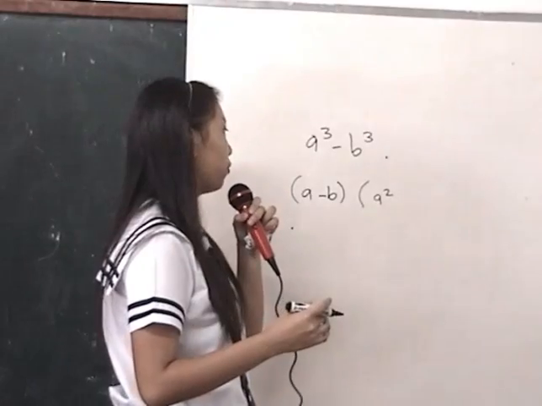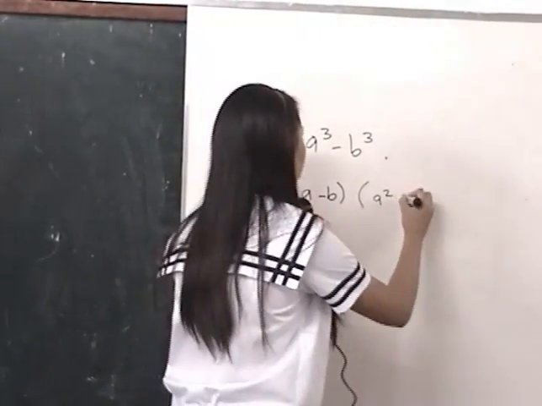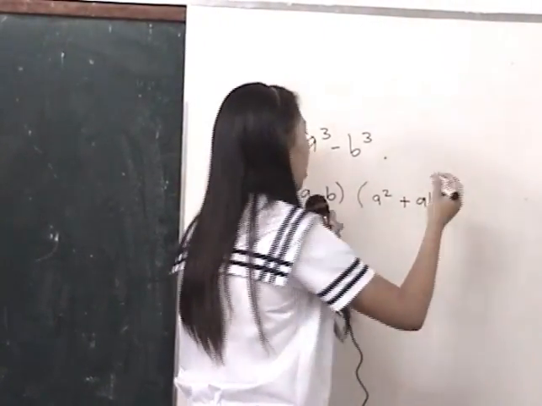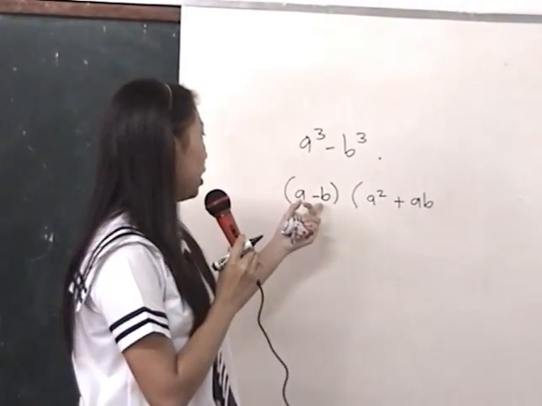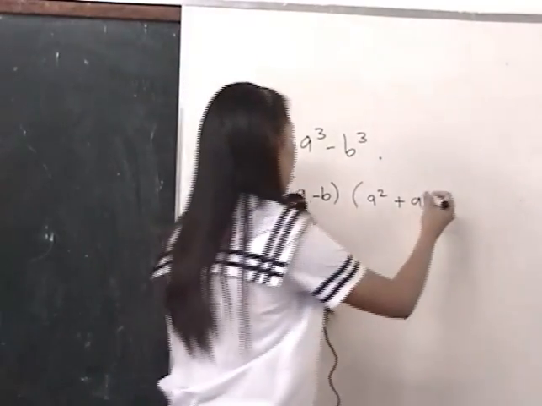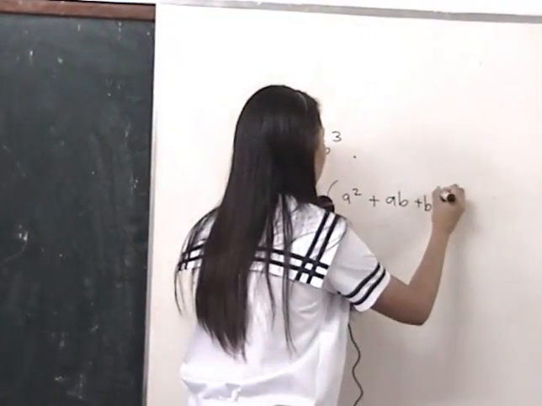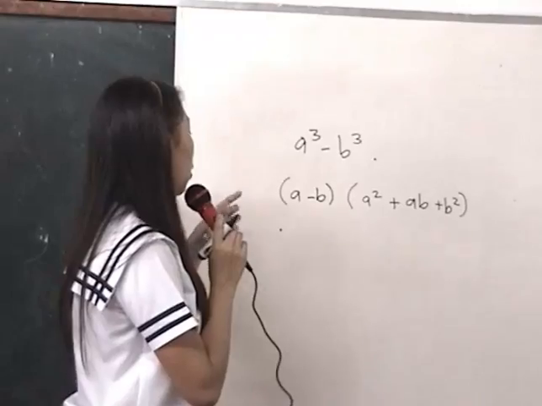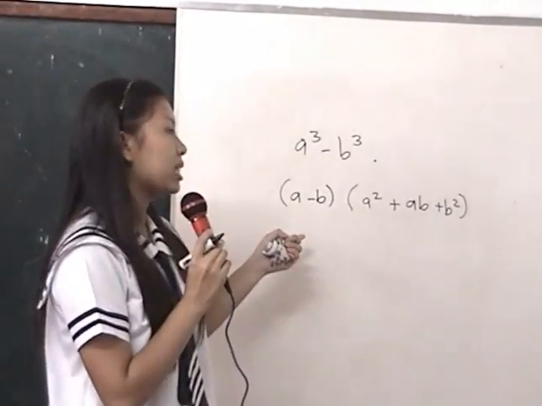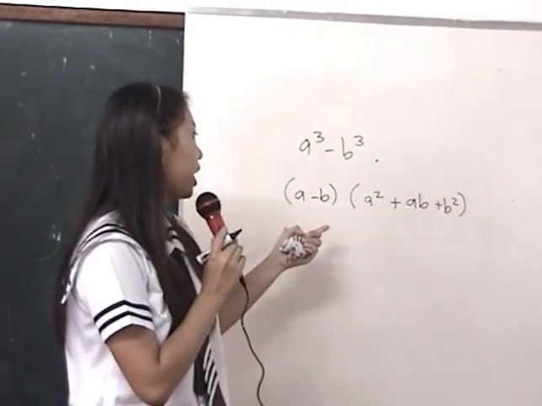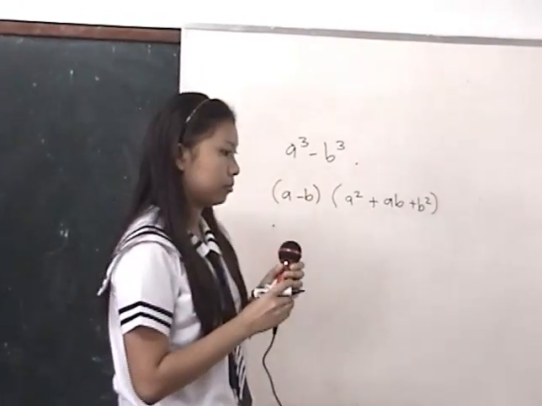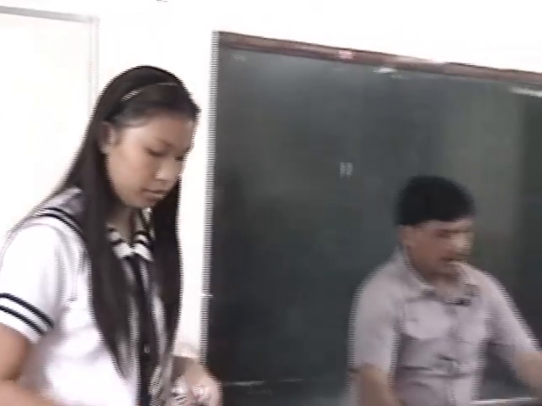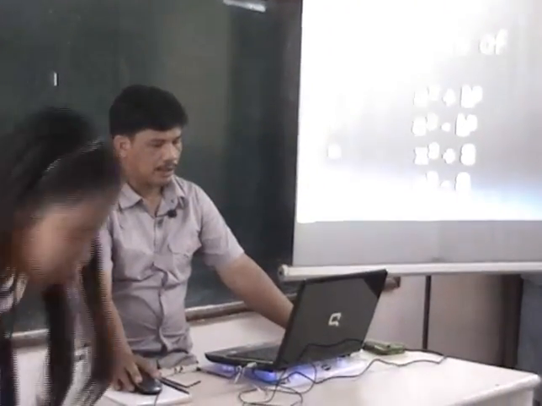The negative of negative ab is positive ab. Then to get the last term, we square the last term of the binomial, which gives positive b squared. So the factors of a cube minus b cube is a minus b times a squared plus ab plus b squared. Okay, so your answer is exactly correct.